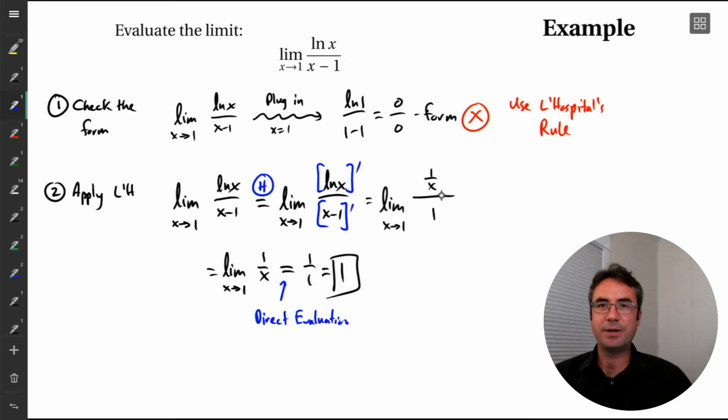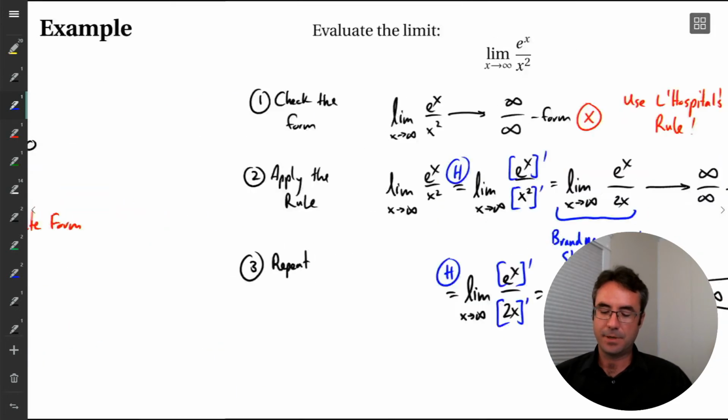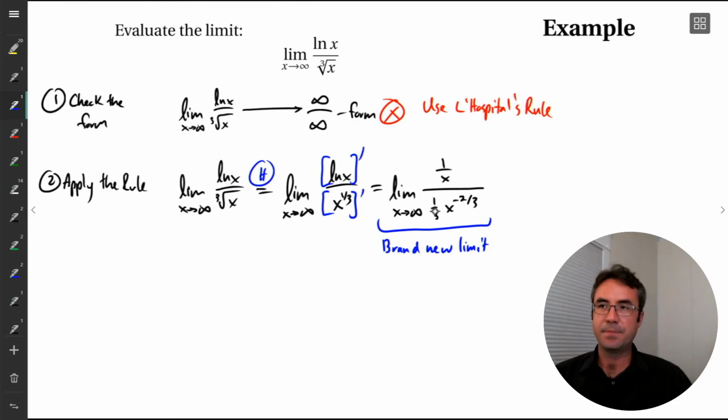So when you get this brand new limit, like what we're seeing in this example, before you start trying L'Hopital's rule again, or before you try to identify what the form is, see if there's anything you can do to simplify. And there's a little bit we can do here. So we can try to get rid of some of these fractions. So there's various ways to think of this.